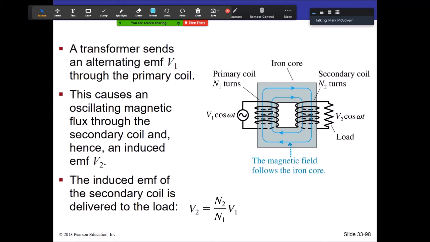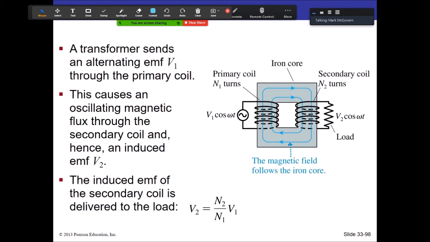And the way that's done is through a device like this, where we have some kind of alternating current here at some peak voltage, and if we vary that, that's going to produce a change in a secondary coil that's out here.